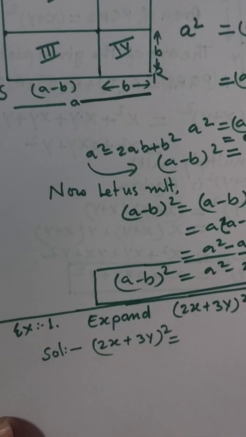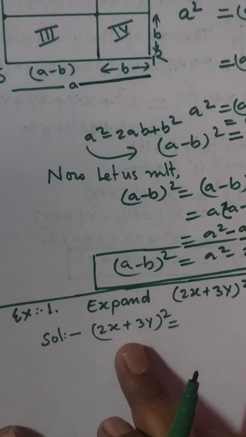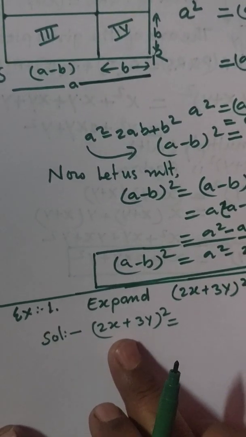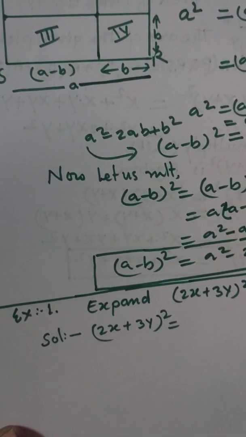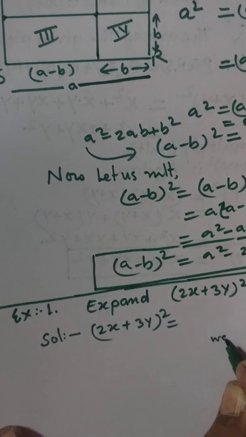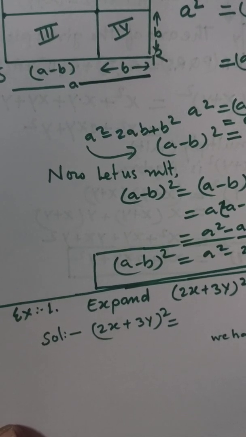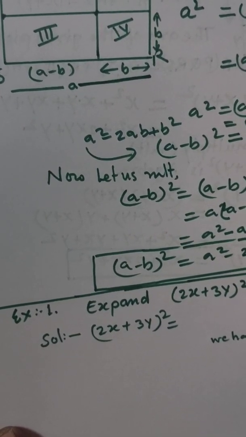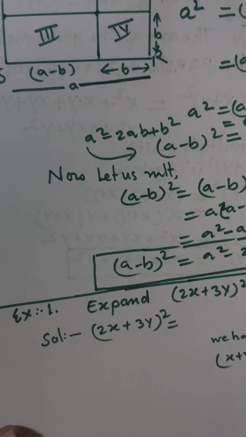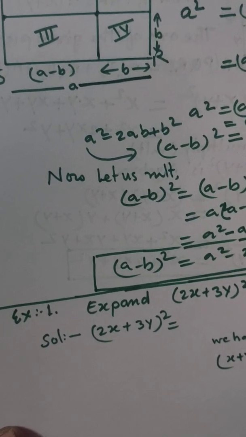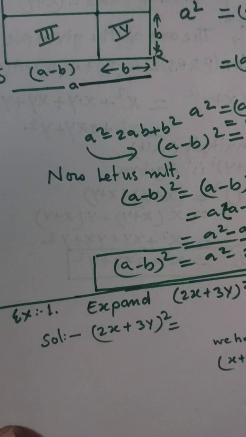Then you can multiply this by this again, but here if you use the formula, we have the formula X plus Y whole square is equal to X square plus 2XY plus Y square.